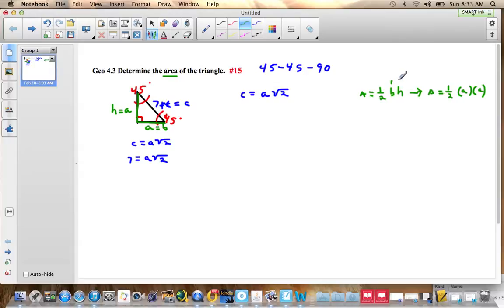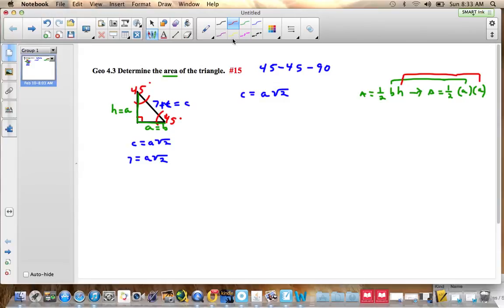I want you to see how B is going to be equivalent to length A, and that also H is going to be equivalent to length A. Okay, so they're the same. So I'm just kind of showing you what plugs into where.